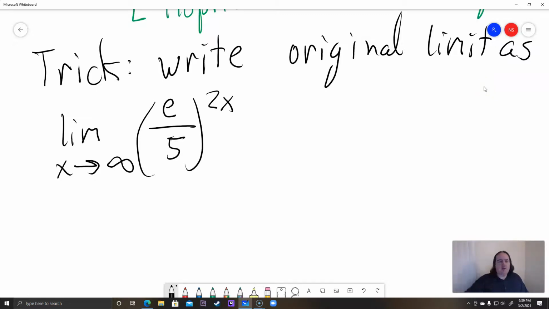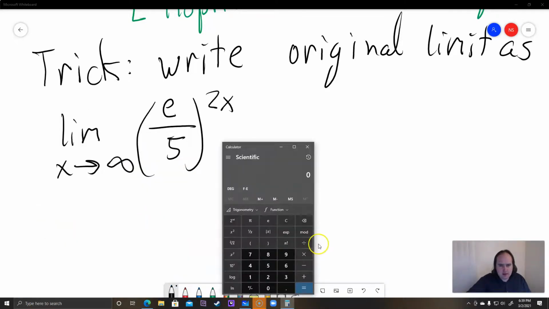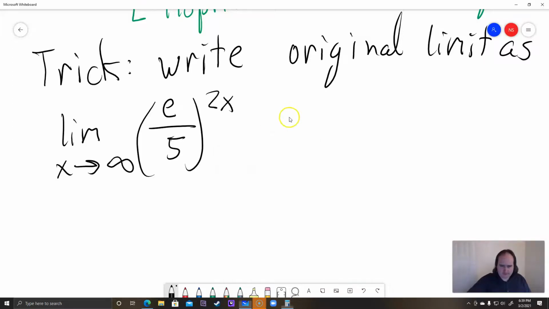And then what about e over 5? What kind of number is that? If you plug it into your calculator, that's probably the easiest way to work with it. So if we do e divided by 5, that gives us 0.543 or 0.544.